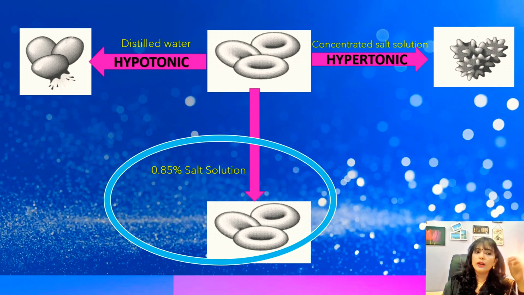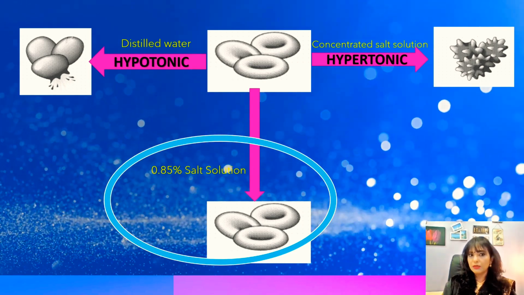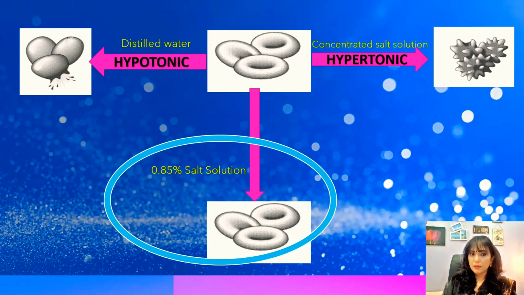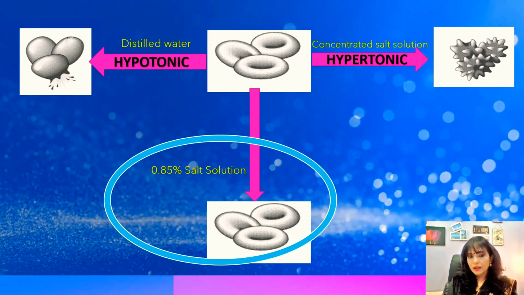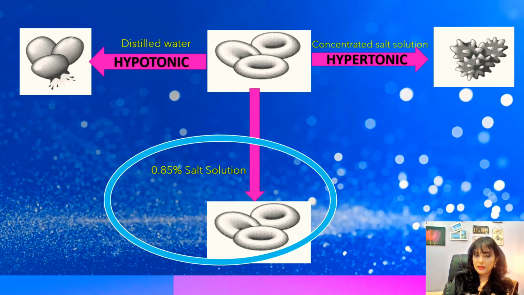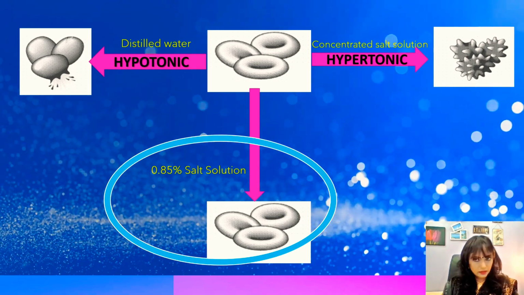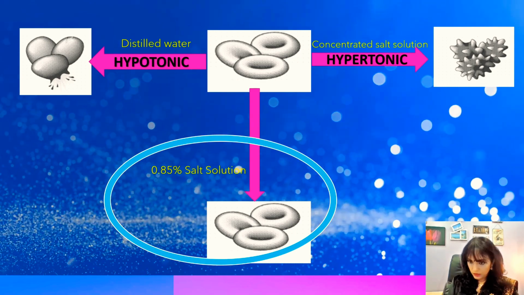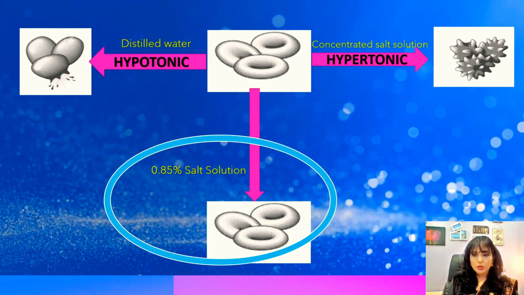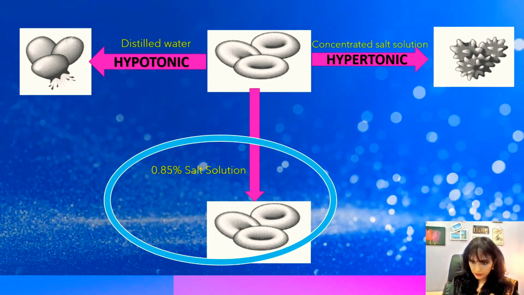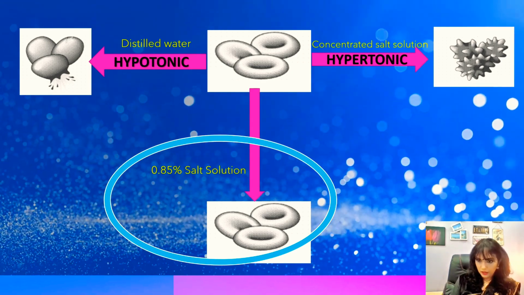A red blood cell immersed in distilled water, which is a hypotonic solution to the red blood cell, will obviously hemolyze. When you immerse it in a concentrated salt solution, which is a hypertonic solution to the cell, water will diffuse out of the cell by osmosis, causing it to crenate. That part we are done and over.